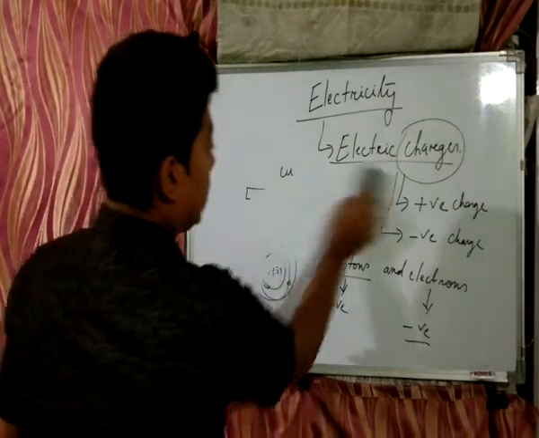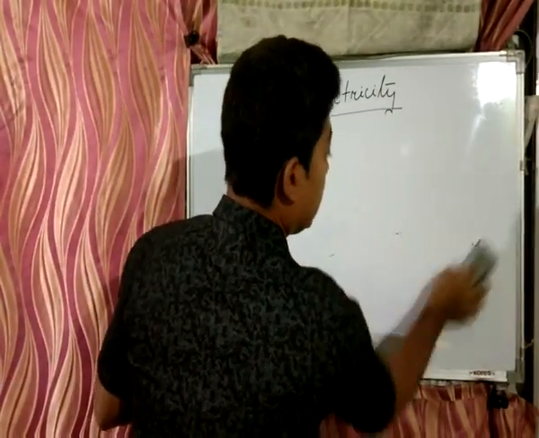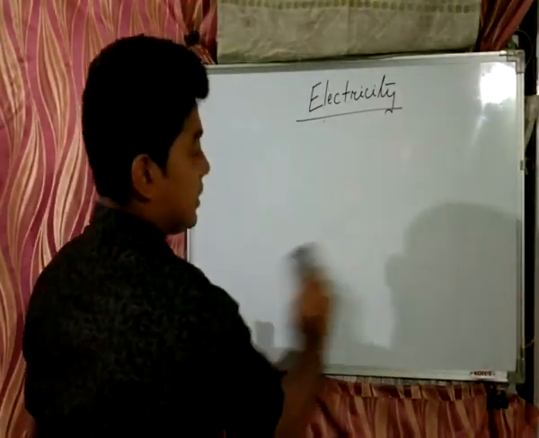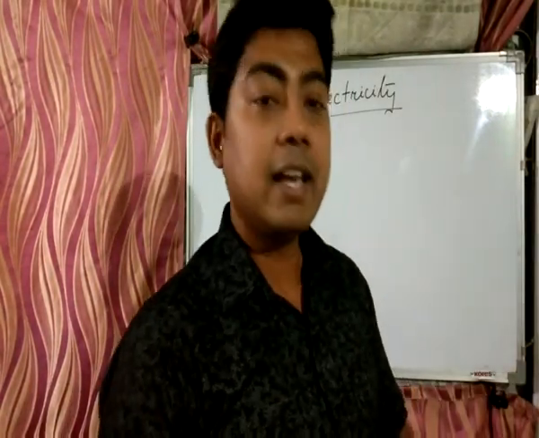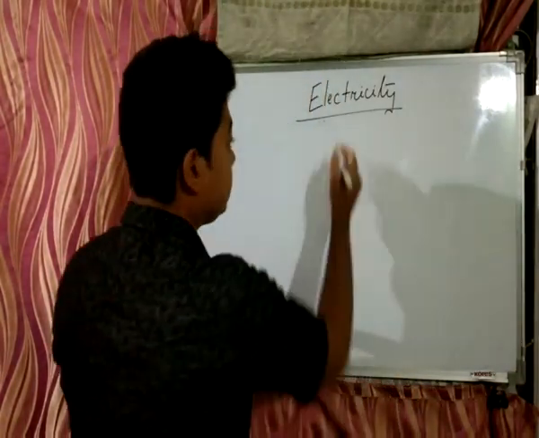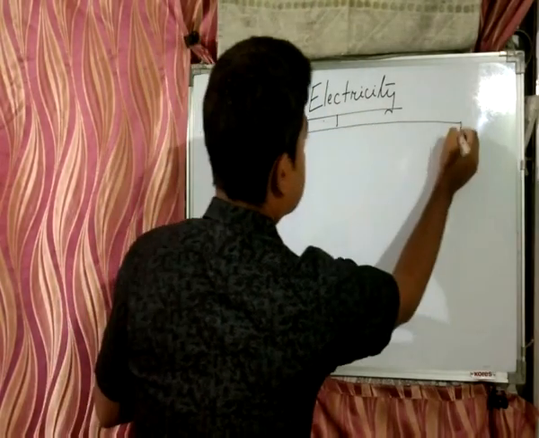Now we are going to discuss the two types of electricity. One is static electricity, another one is current electricity.